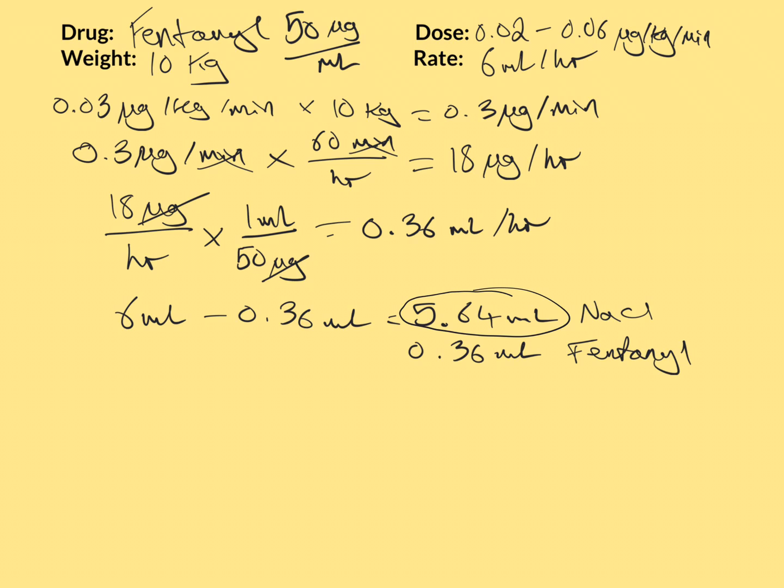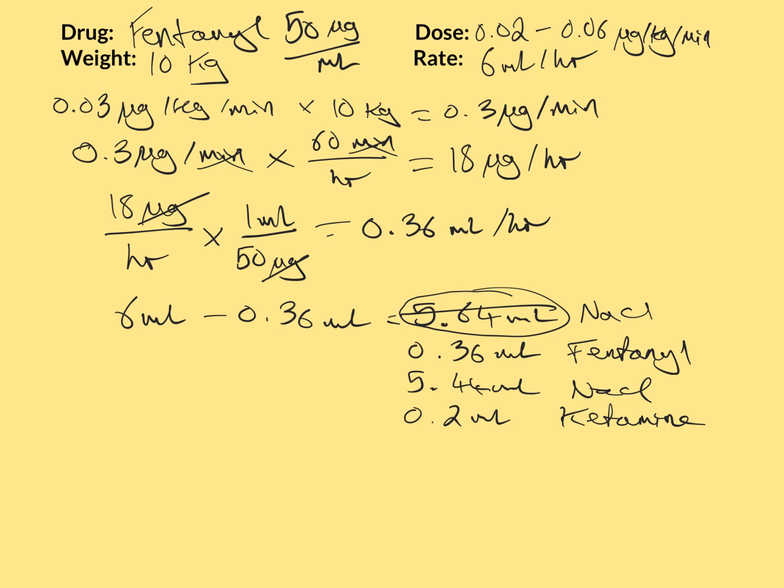So if you're giving, let's say, 0.2 mils per hour of ketamine on top, then you would subtract that down to 5.44 mils of saline, and you'd have 0.2 mils of ketamine, just to keep the ratios equal.